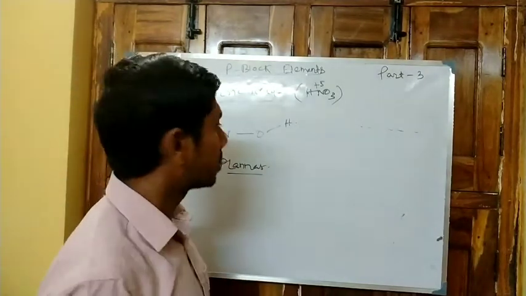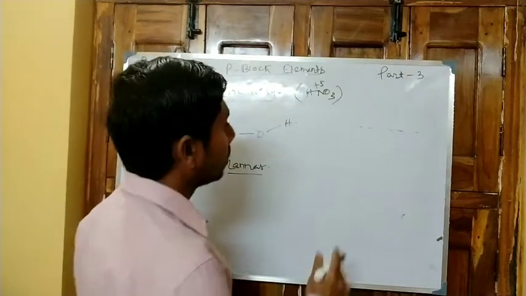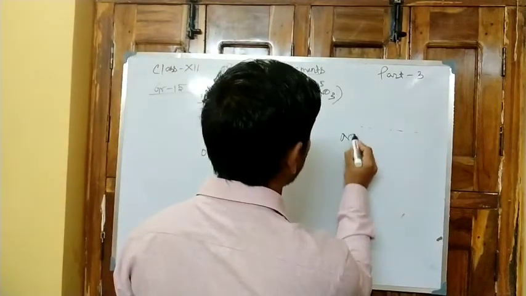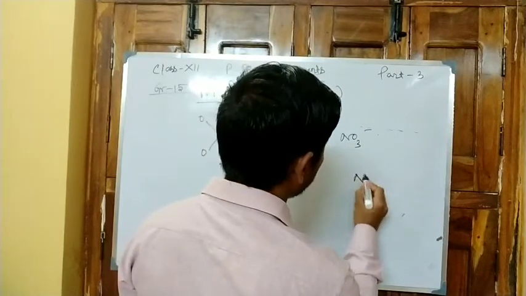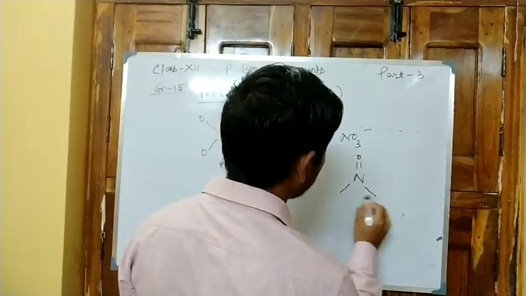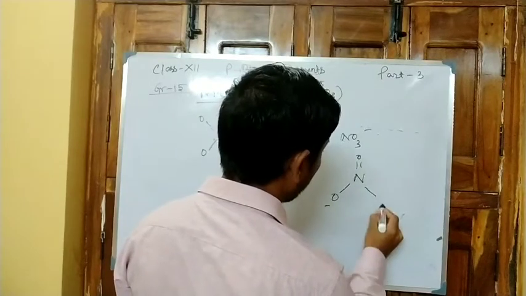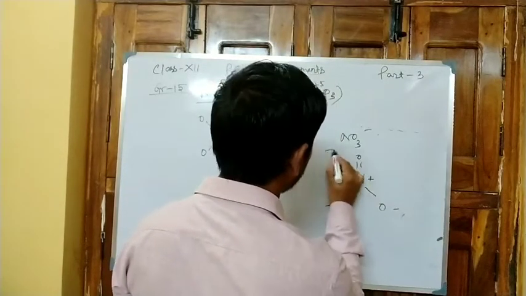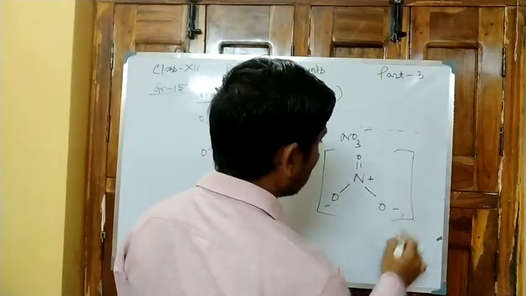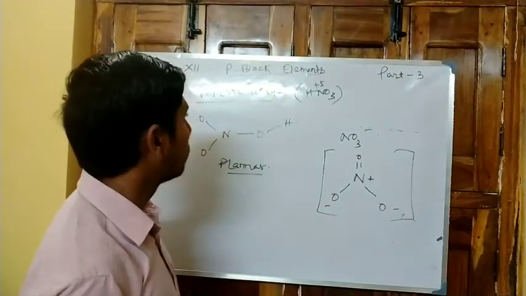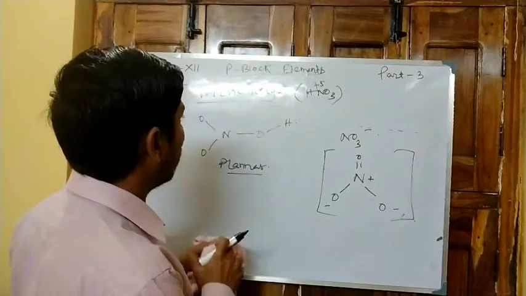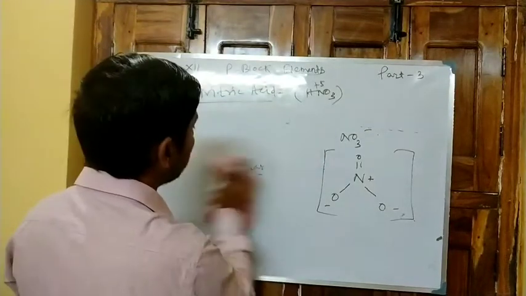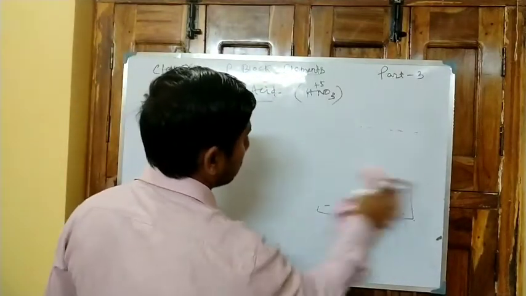There is also a resonating structure for NO3 minus, that is O minus, N plus. It is the resonating structure of NO3 minus. So in nitric acid the oxidation state of nitrogen is 5, and this is the structure.